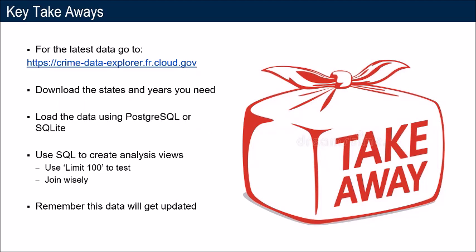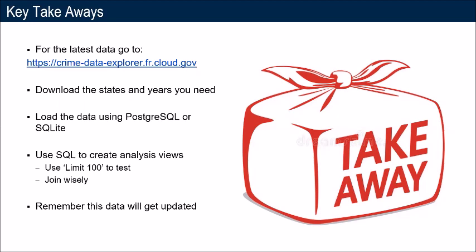But that's all internal work. For you, key takeaways: if you're looking to work with NIBRS data and you want the latest and greatest, go to the Crime Data Explorer. Probably download the states and years you need. That's probably going to get you where you want to be fastest. You're going to need to use Postgres or SQLite. So if you're not familiar with databases, go befriend a programmer who is. That'll help you out a lot.